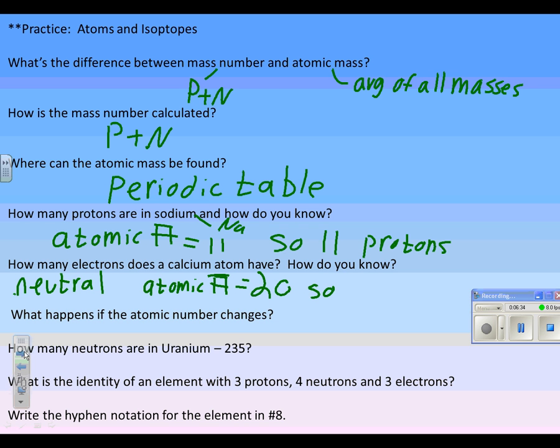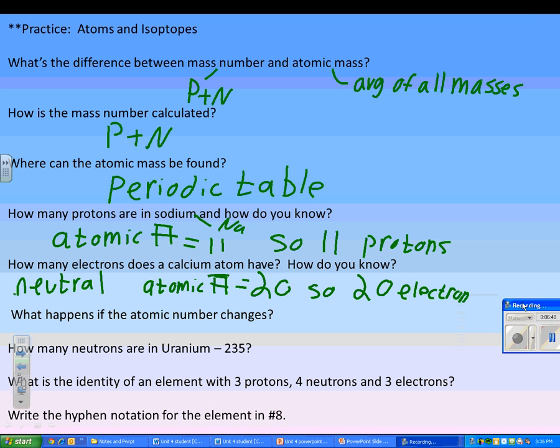So 20 electrons. You'll be doing a lot of these types of questions, so if you've got questions, go ahead and write them to the side, and I'll fix you in class. What happens if the atomic number changes? Element changes. Oh, let's rephrase that. It becomes a different element.